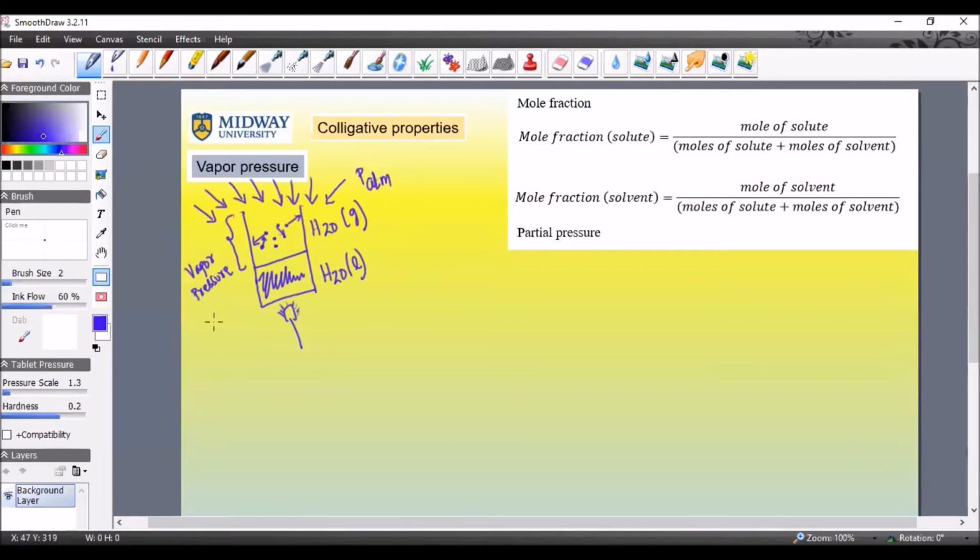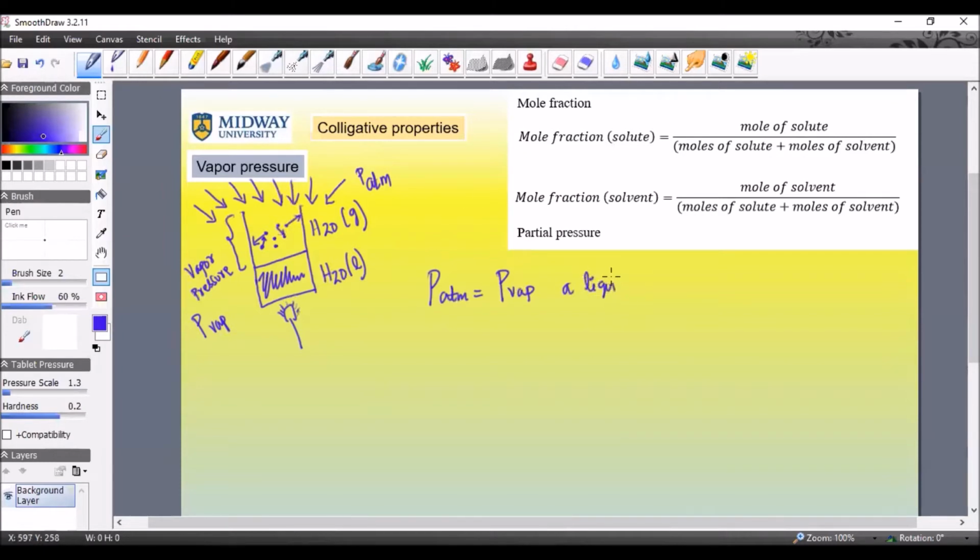And we're going to call this P vapor pressure. When P atm equals P vapor pressure, the pressure due to the vapor of the water molecules, when it becomes equal to the atmospheric pressure, that's when a liquid boils.